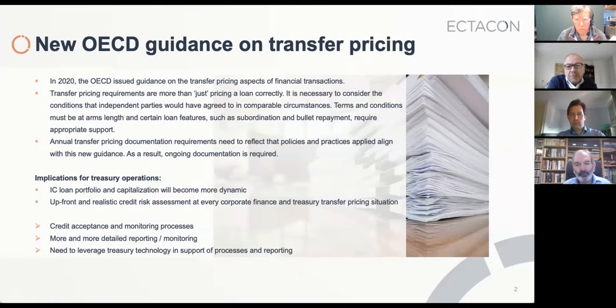So you need to be prepared that there is more information, even on past transactions, that is required. Now, in my experience, a lot of the intercompany loan documentation is not necessarily readily available whenever it's questioned by outside parties. So in order to save time, be prepared. Going forward, of course, you should adopt as quickly as possible so that you don't have to reconstruct the evidence that the tax inspectors are looking for.